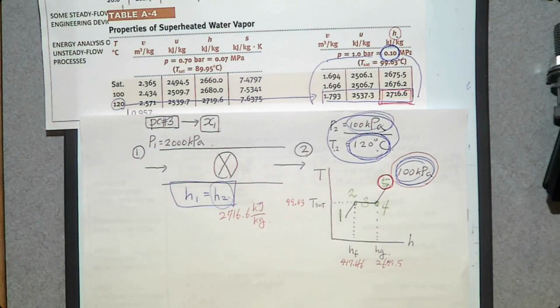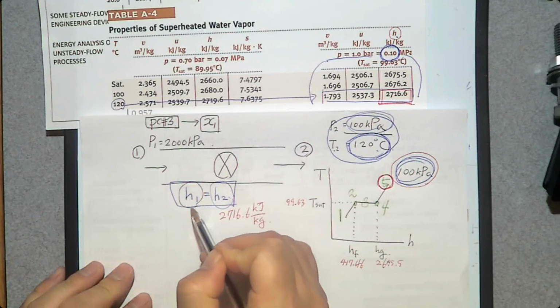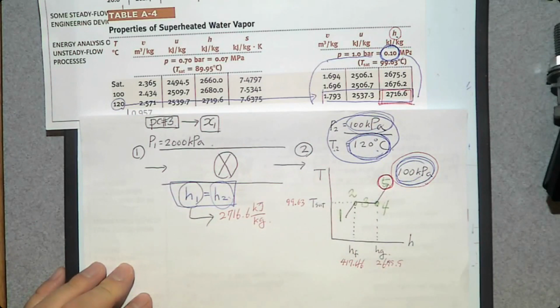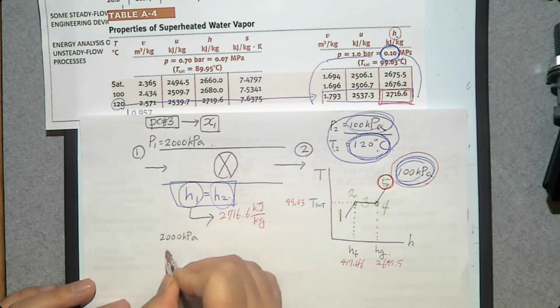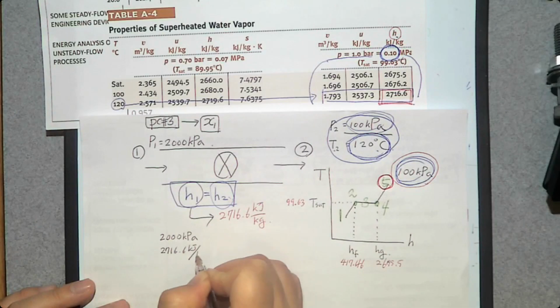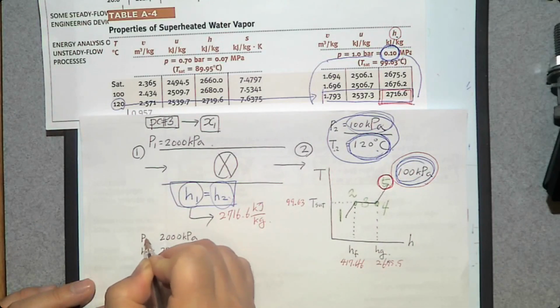Now, according to this energy balance equation, we know H1 is also 2716.6. So now we have 2000 kilopascal and 2716.6 kilojoule per kilogram. So this is H1, this is P1.